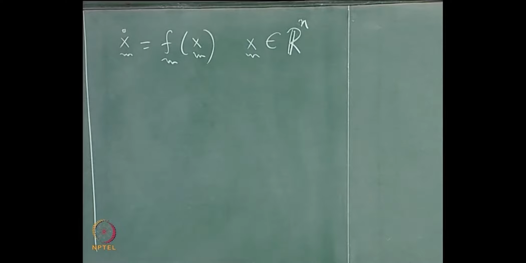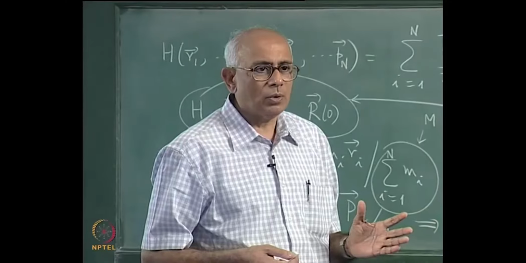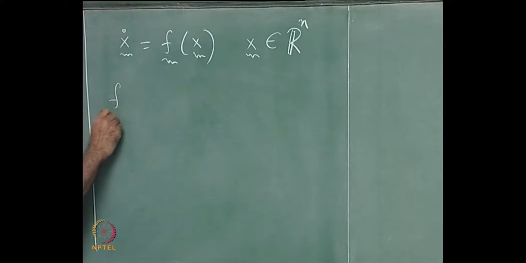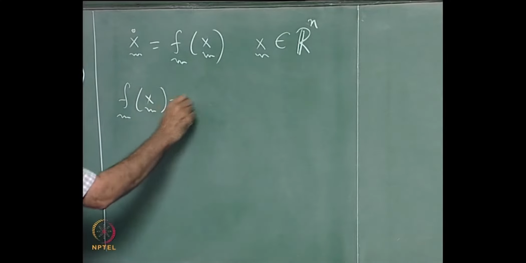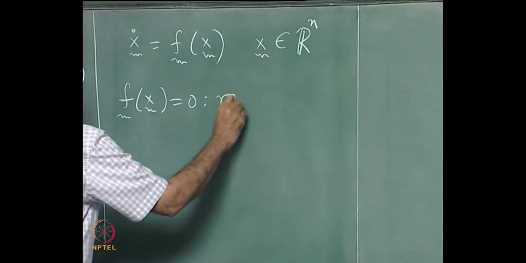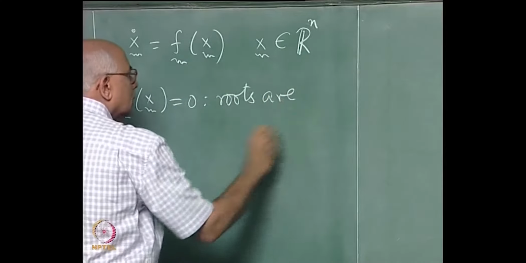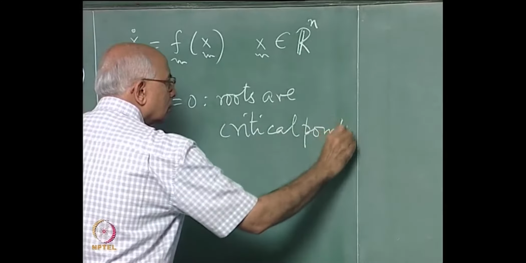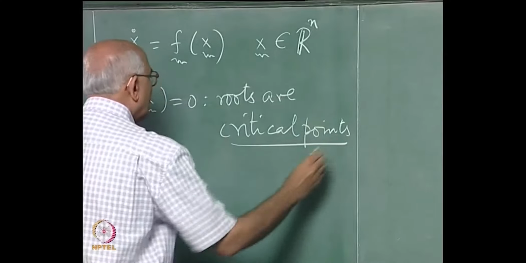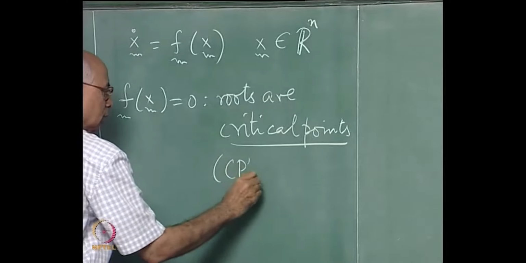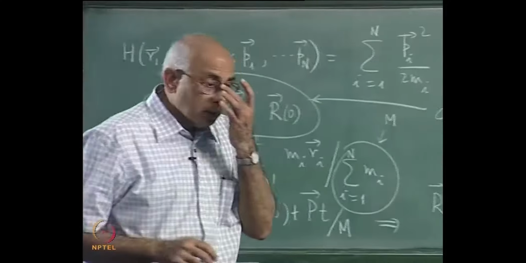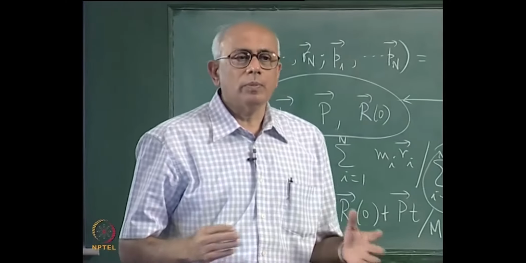Since equilibrium has this connotation of being a mechanical system, and we are talking about all kinds of dynamical systems, I would like to call it by a general name: I would say f of x equal to 0, the roots are critical points, and I will abbreviate critical points by CPs. If you like, they are the generalization of equilibrium points.